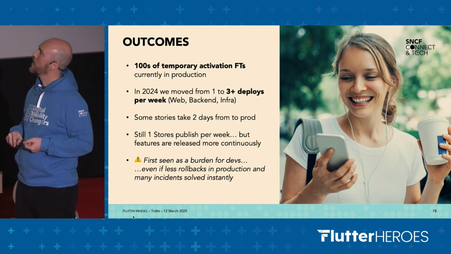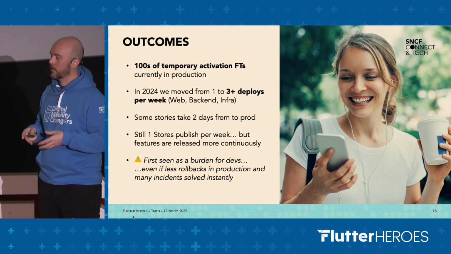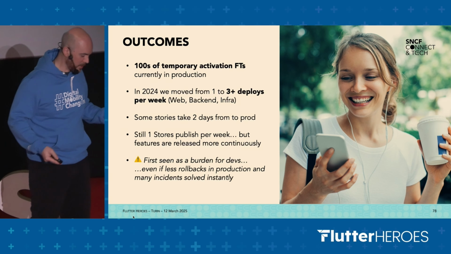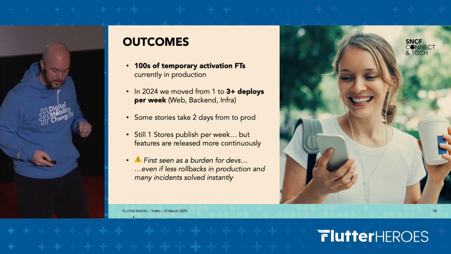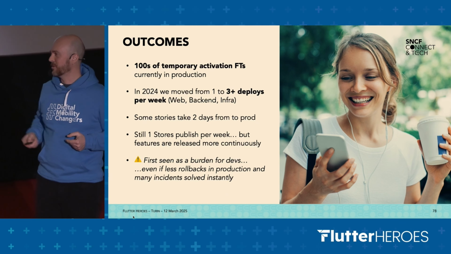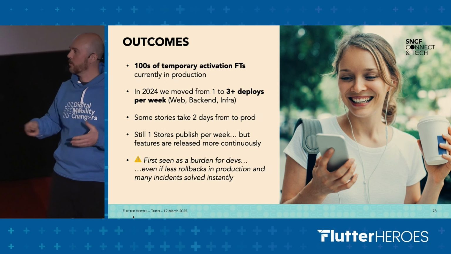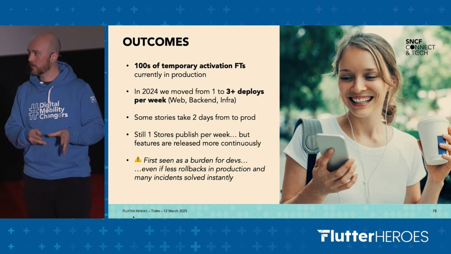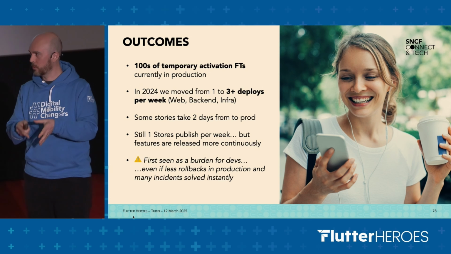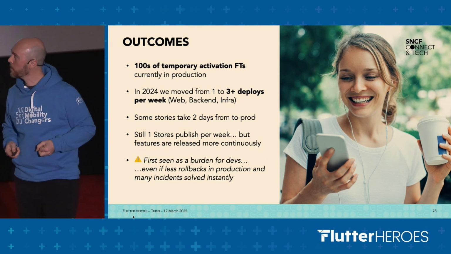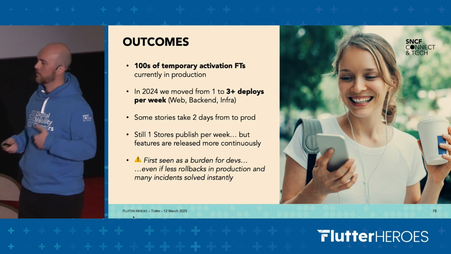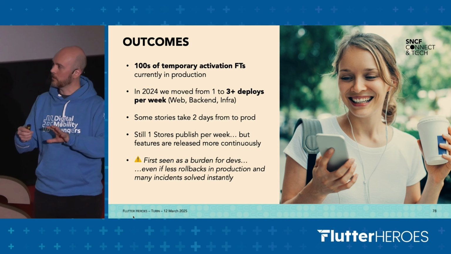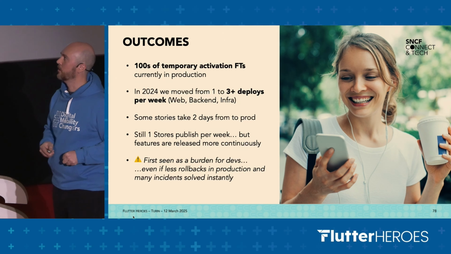Obviously, when I say almost one release per day, sorry, it's about the web and backend code. Everything is released together, but it doesn't include the stores. So we still have one version published to the stores each week.